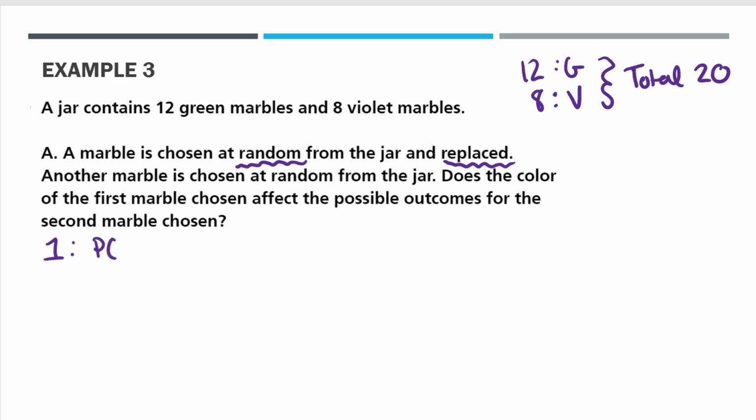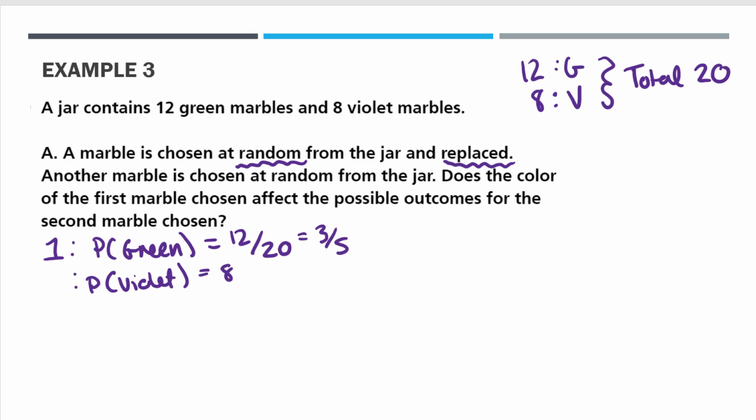The probability of picking a green is 12 out of 20, which simplifies to be 3 out of 5. The probability of a violet is 8 out of 20, which is 2 out of 5. The question says that that marble is replaced, and then we pick a second one. So that means that all 20 marbles are back in that jar.